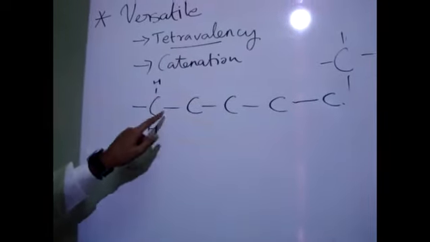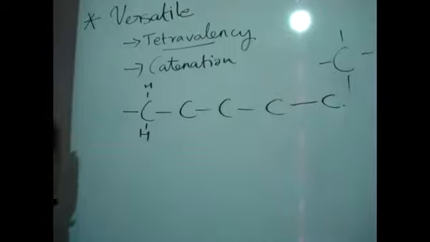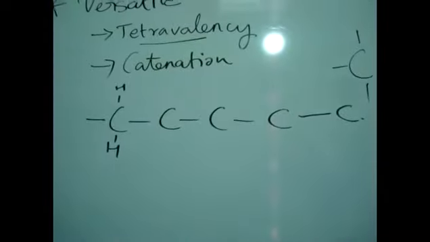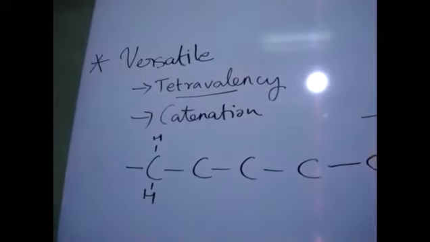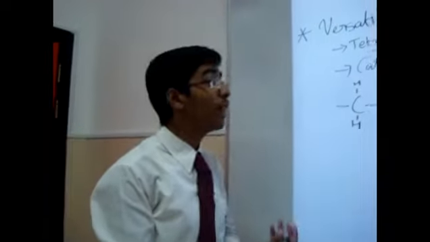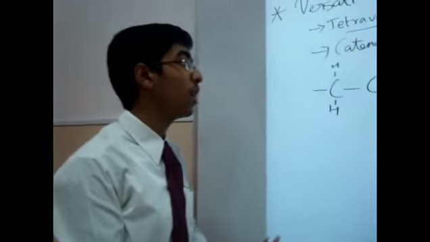I mean, make all 4 bonds filled. Now catenation, tetravalency, I told you, and so it's versatile in nature. That means it can make a lot of compounds. As I told you, we can make 5 million compounds of carbon atoms.